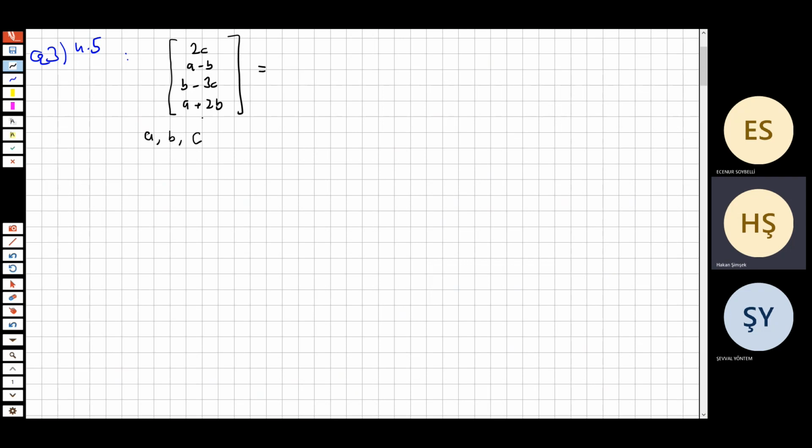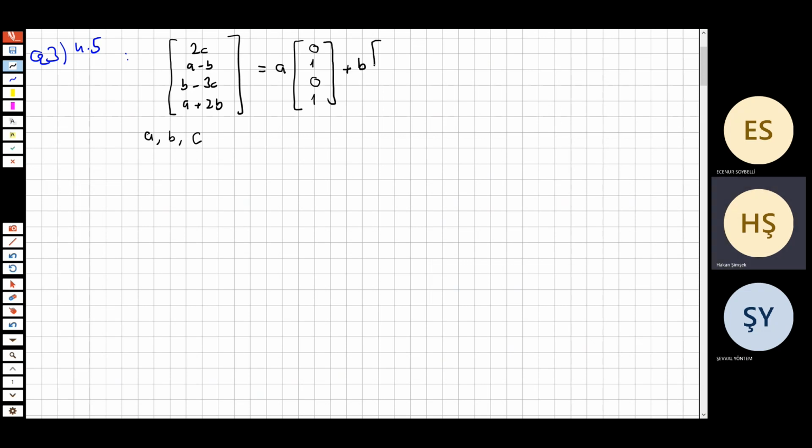Therefore, we can use the coefficients of them to find a basis, writing the general vector as a linear combination. So a times, what is the first number? There is no a in the first entry, therefore we write 0. The second one is 1, the third one is 0, the last one is equal to 1.